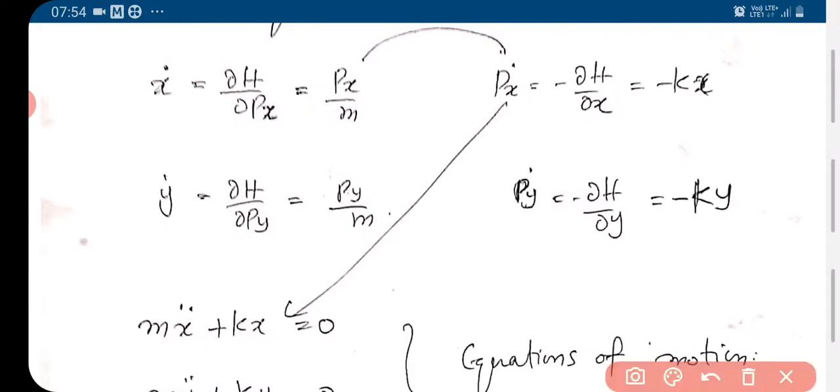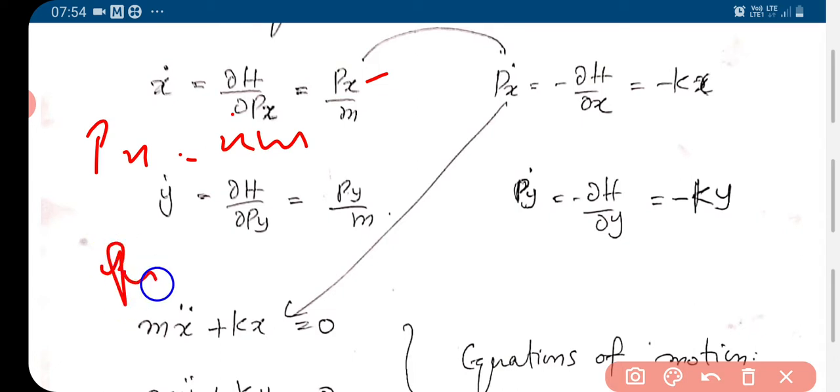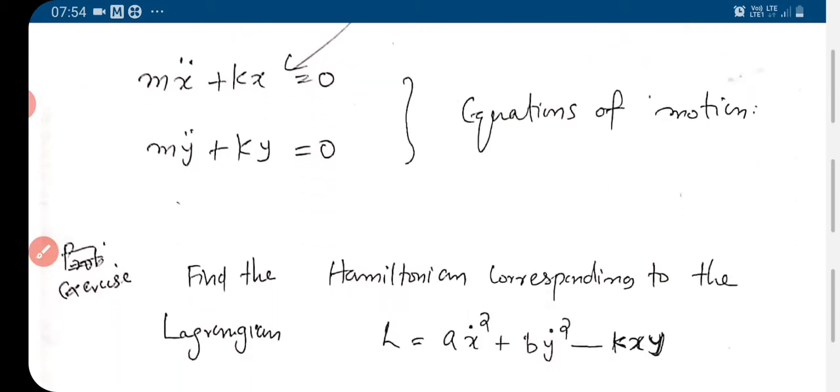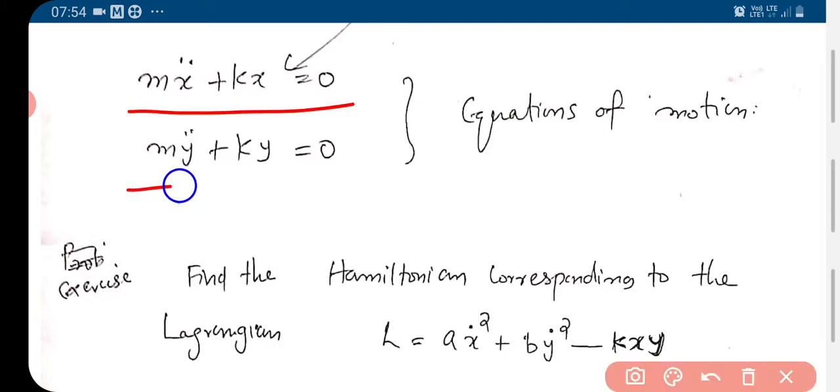Since x dot is px by m, px is x dot m, and similarly py is y dot m. As we substitute, we have m x double dot plus k x equal to 0, and m y double dot plus k y equal to 0. So these are the equations of motion, two equations for the two-dimensional simple harmonic oscillator.